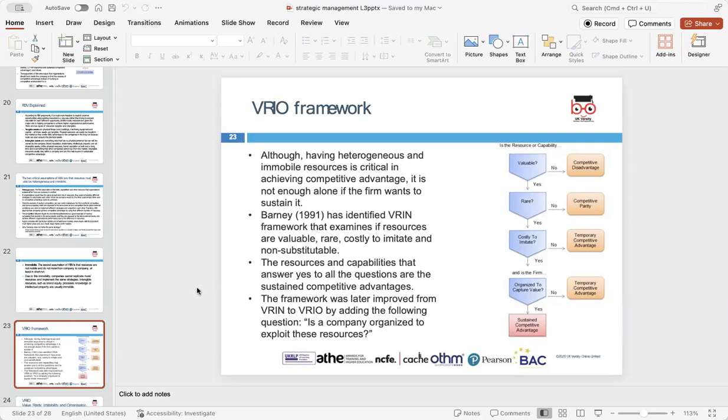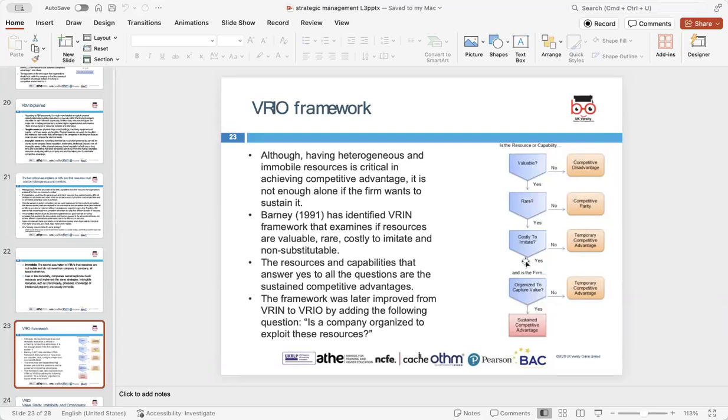Rarity: resources must be rare and not widely possessed by other firms. Imitability: they should be difficult and costly for competitors to imitate or copy.